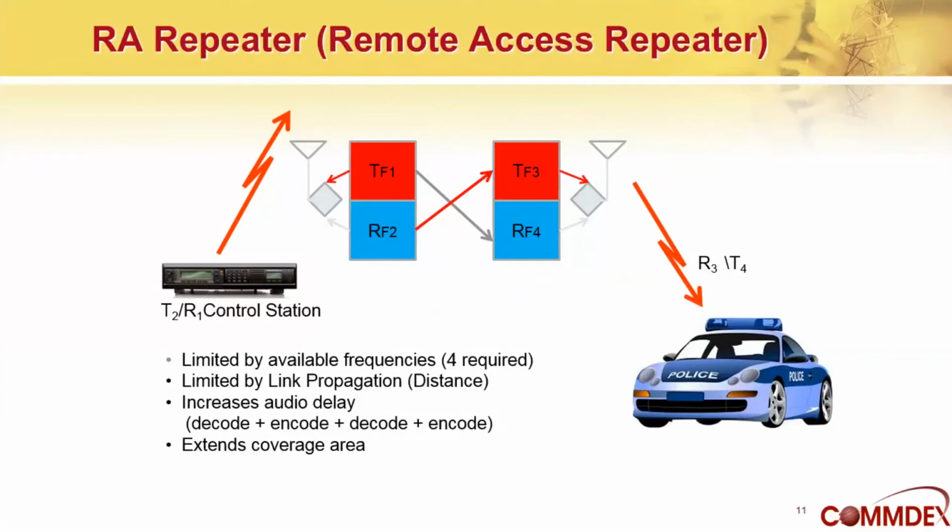So for instance, if you had a mountaintop you wanted to get on the other side of, you could put this setup on the mountain. It would receive the signals from one side, cross over and retransmit them on a different frequency on the other side. The disadvantage, of course, is you need 4 frequencies to do this, which is not always easy to get in a Part 90 conventional system.